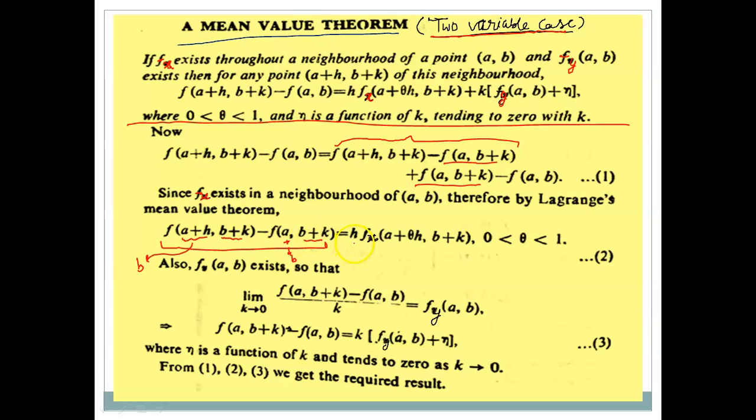is equal to, here in place of f dash, we have fx, meaning the partial derivative of f with respect to x, and obviously this b+k is constant, so in place of c, this quantity is here.